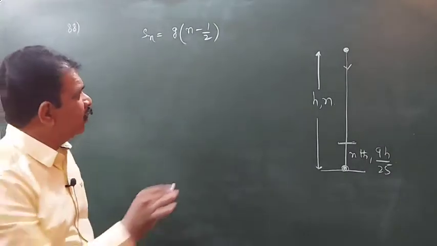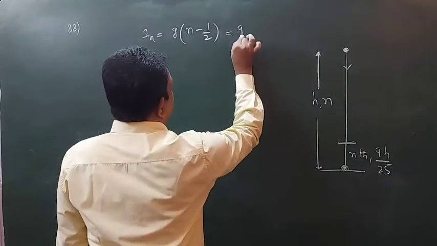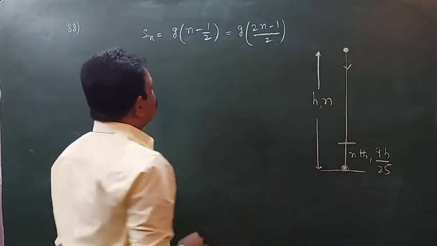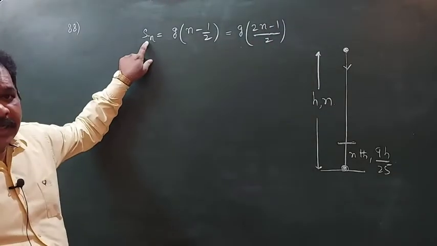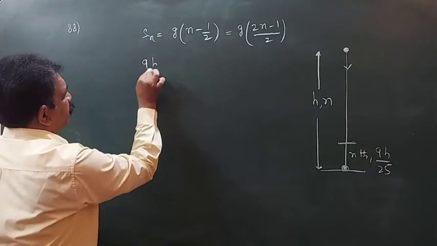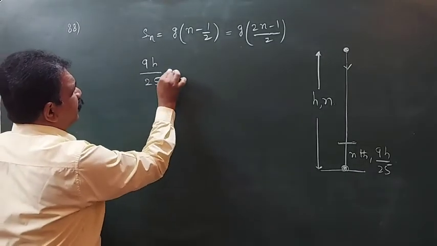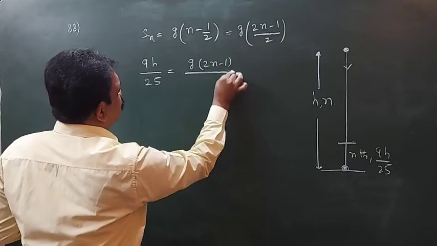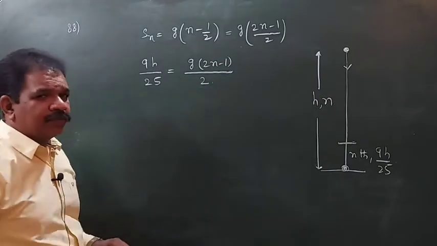So this is g into (2n minus 1) by 2. They gave this as 9h by 25. So 9h by 25 is equal to g into (2n minus 1) by 2.